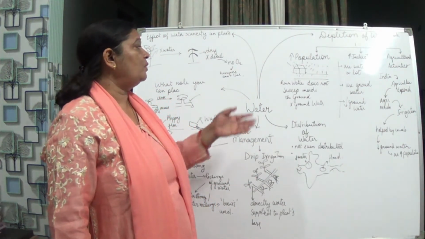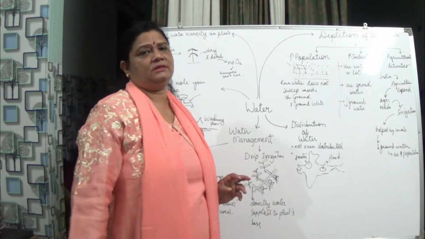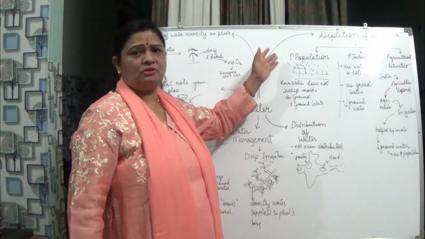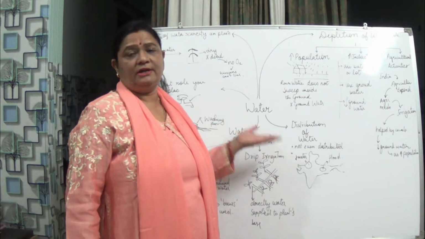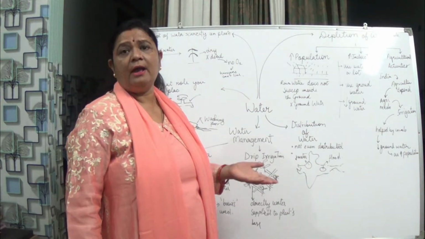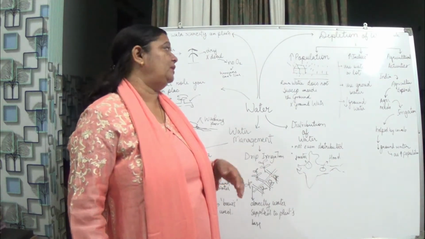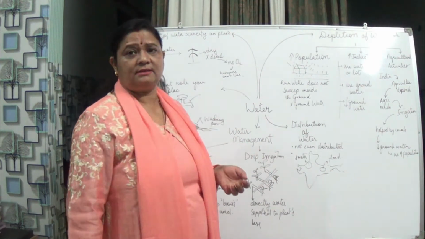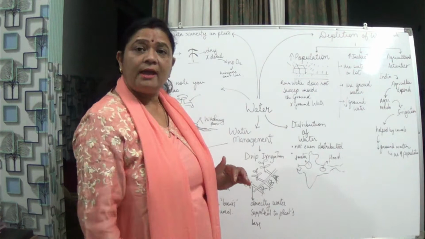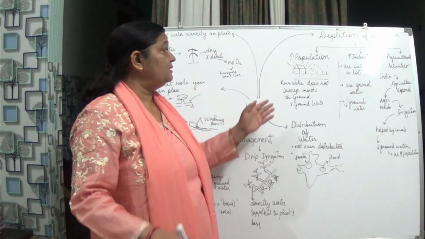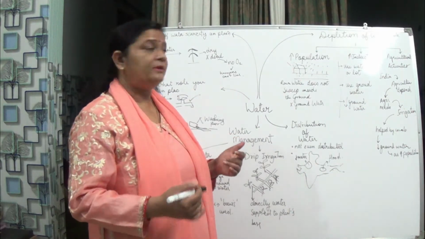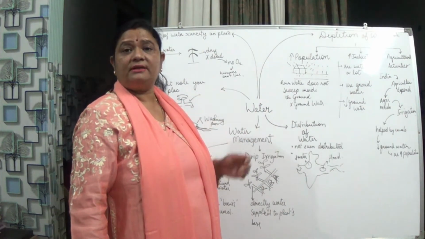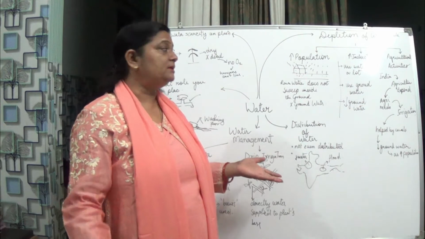If the population is increasing, naturally the consumption of water will also increase per day, because an individual uses at least 50 liters of water per day. If the number of individuals is increasing, naturally consumption of water is increasing. All the activities which human beings perform are also increasing, and the number of houses also increases.